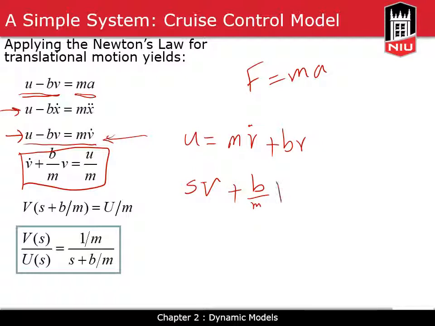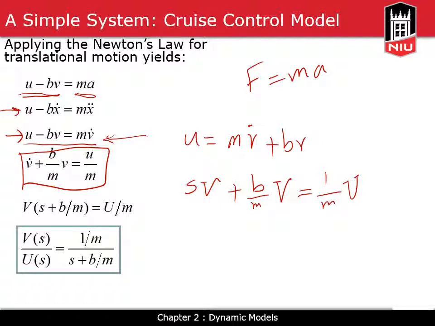Laplace transform of v is V of s in the Laplace domain. On the other side of the equation, 1 over m is a constant, so I put the 1 over m there. Laplace transform of the signal u of t is going to be U of s. As you can see, I'm using capital letters for variables in the s domain.